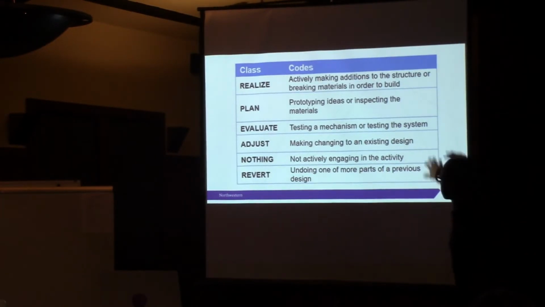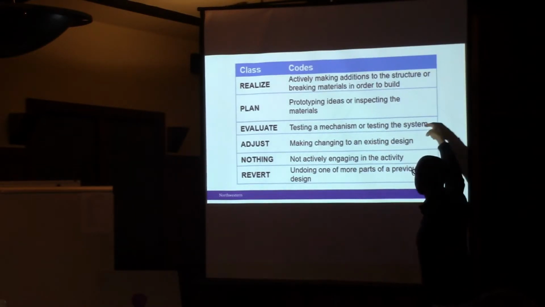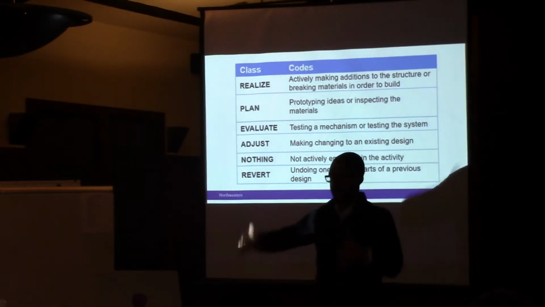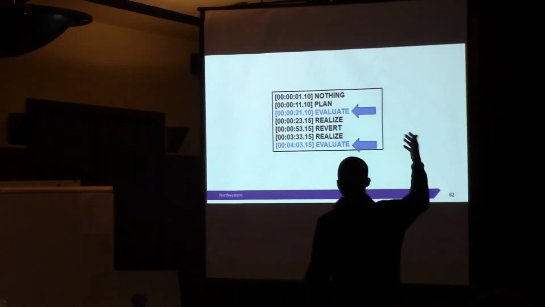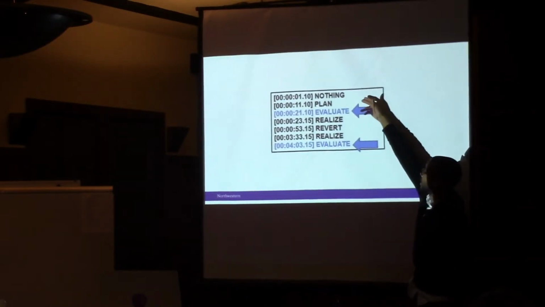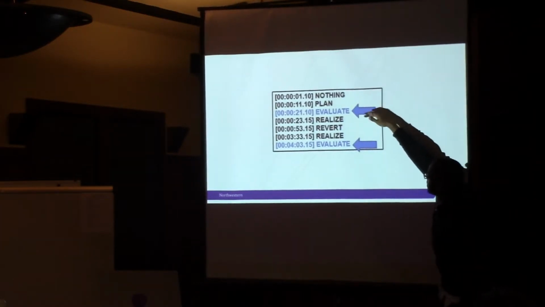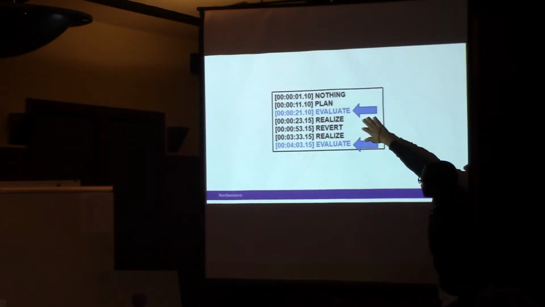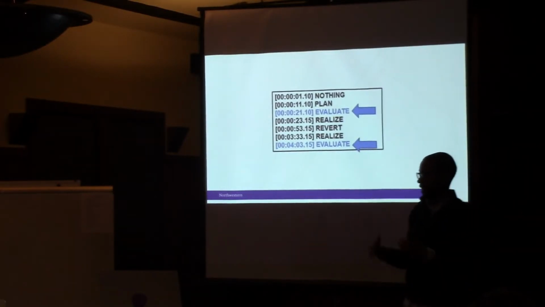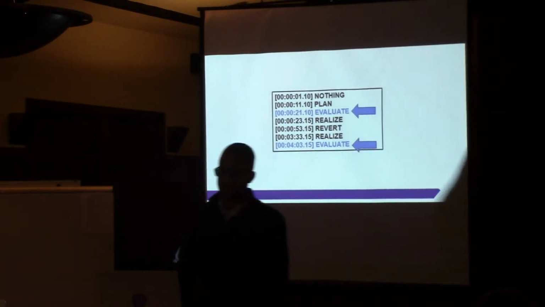With this specific command, evaluate, anytime I came across evaluate, I would say that's the end of a specific chunk of data. To put that in concrete terms, if I have a sequence of codes, nothing, plan, evaluate, this says nothing and plan is going to be one chunk, and realize, revert, and realize again is a separate chunk. So I have these semantic interpretations for how I'm segmenting my data.